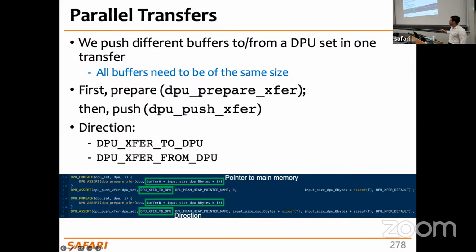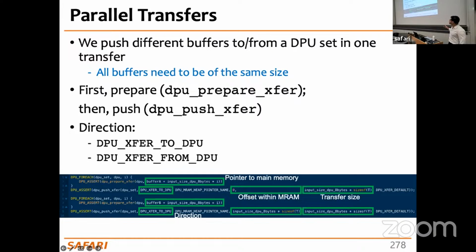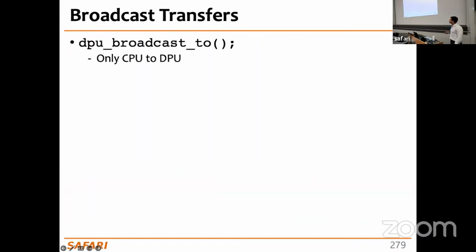So here you're pushing to the DPU, but you can also push to the CPU from the DPU in the other direction. Again, you need to pass the offset inside the MRAM. Again, it's a linear space, so for the first copy the offset is 0. The next one is after that data, after the size of the data you just copied, and this is always the default here. You don't need to worry about it.